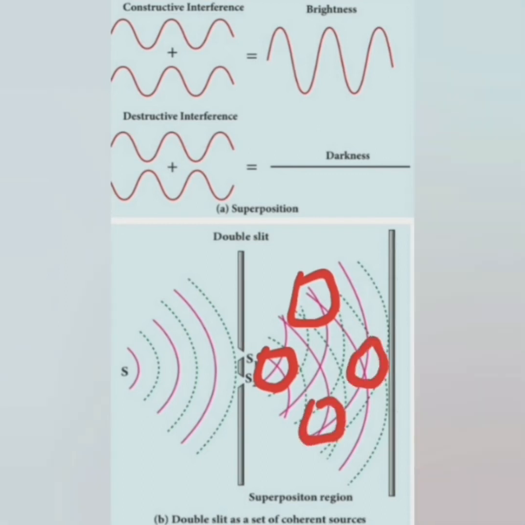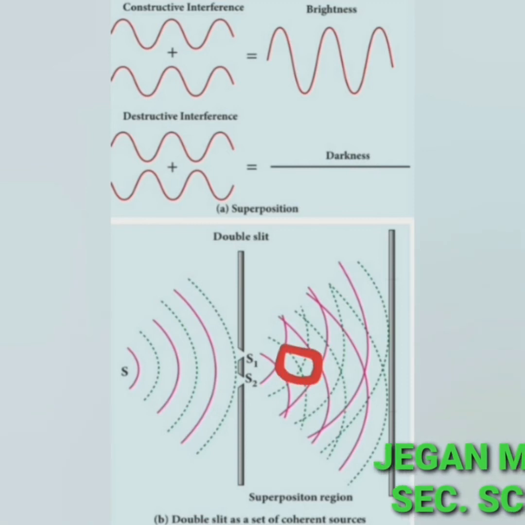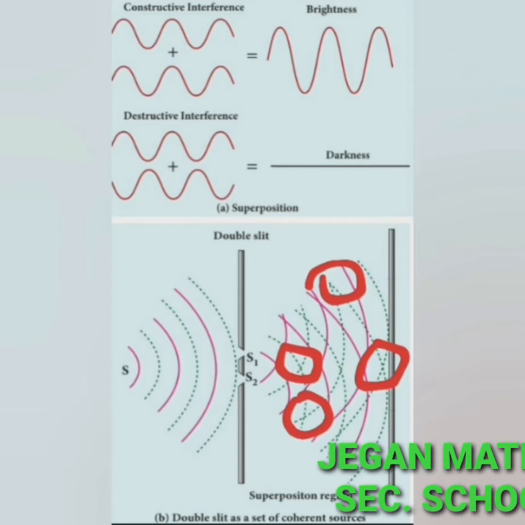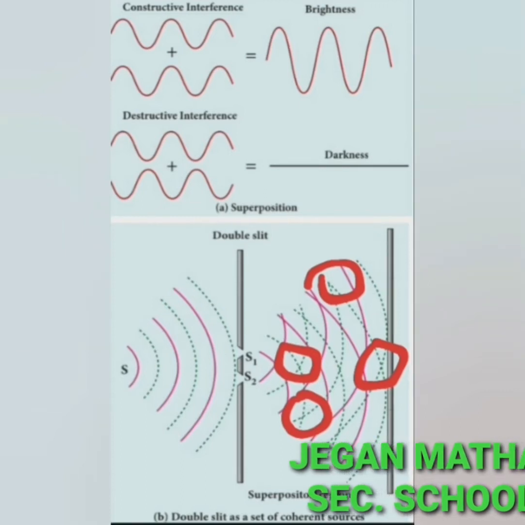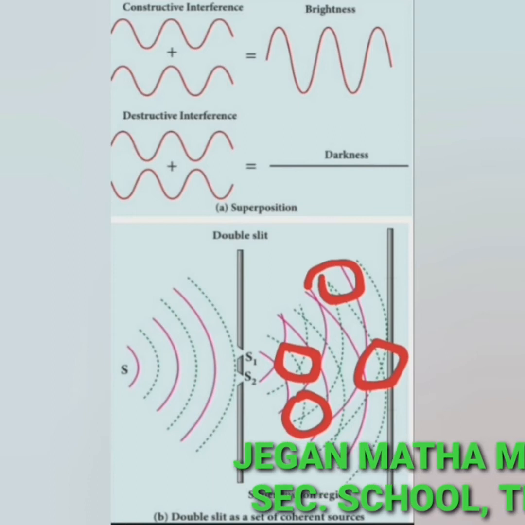In those points the waves are in phase because constructive interference takes place. Likewise, the trough of one wave meets the trough of the other wave. For example, in these points you can observe dotted lines meet at that point. There the trough of one wave interferes with the trough of the other wave.